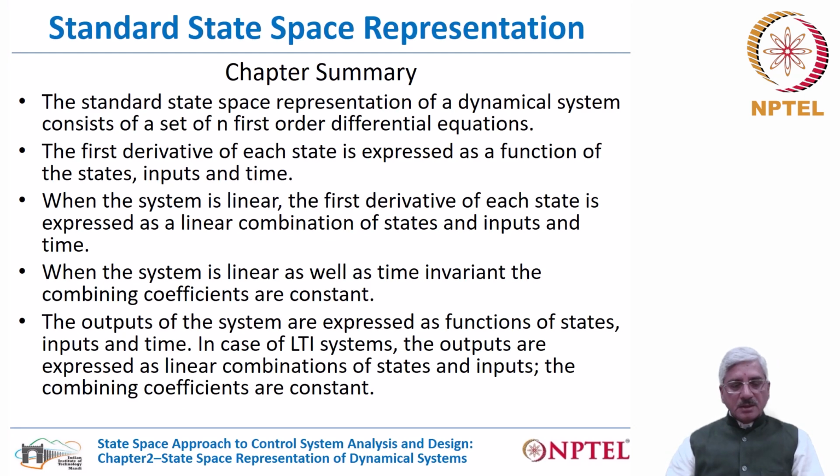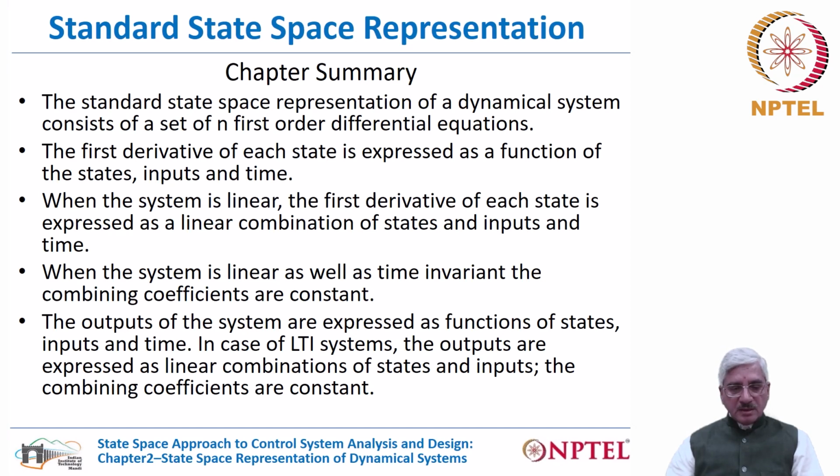We summarize the chapter. The standard state space representation of a dynamical system consists of a set of n first order differential equations, where n is the system order. The first derivative of each state is expressed as a function of the states, inputs and time. When the system is linear, the first derivative of each state is expressed as a linear combination of states and inputs, and time.